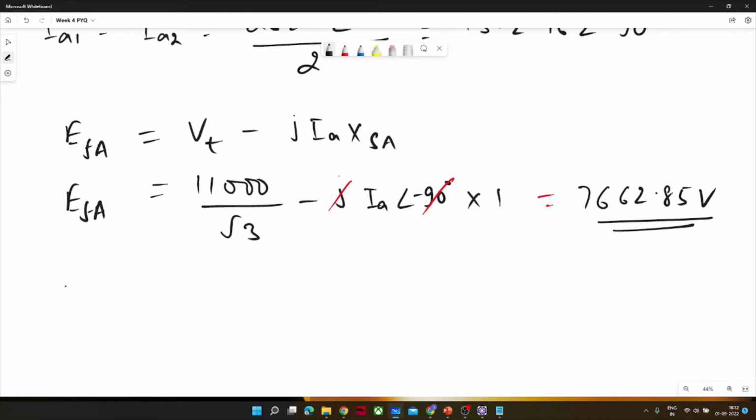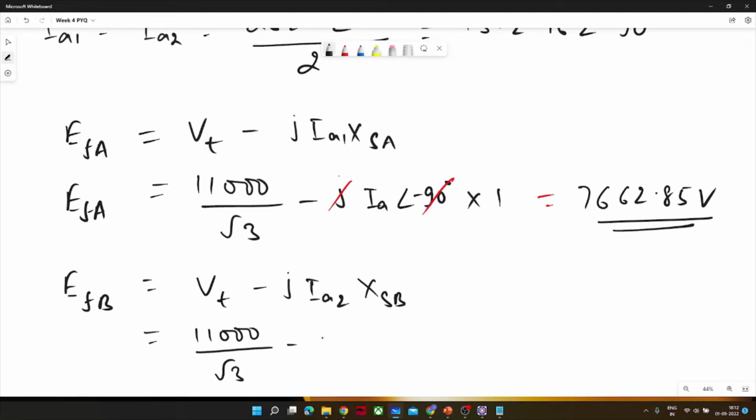We calculated EFA, we have to calculate EFB, and that would be in the same manner VT minus J IA2 XSB, and again it would be 11,000 by root 3 minus J into IA angle minus 90 into 3, and it would come out to be 10,286.85 volt.